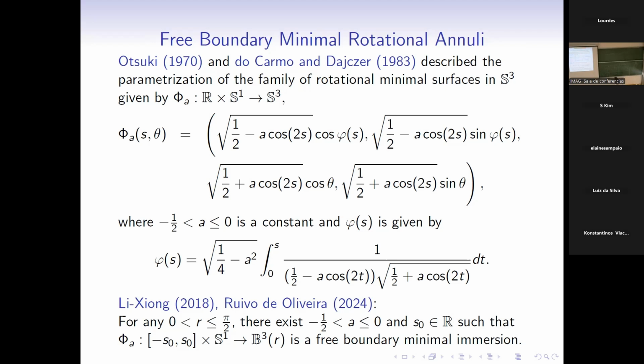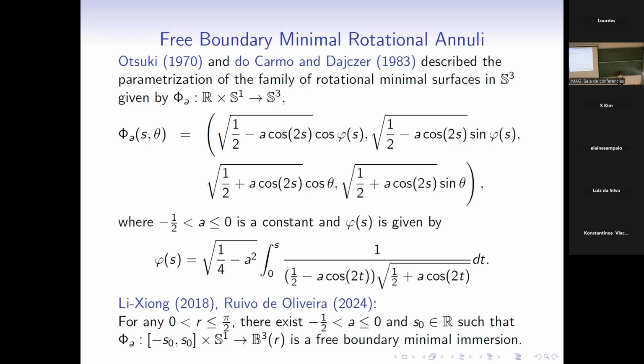And a couple of months ago, Manuel Ruivo de Oliveira, a student of Ailana Fraser, posted a paper on arXiv where he gave the whole details of the existence of such minimal annuli. In the paper of Li and Xiong, they only gave a rough sketch. So he gave a very nice full detail for that. Okay, so we do have free boundary minimal annuli here.